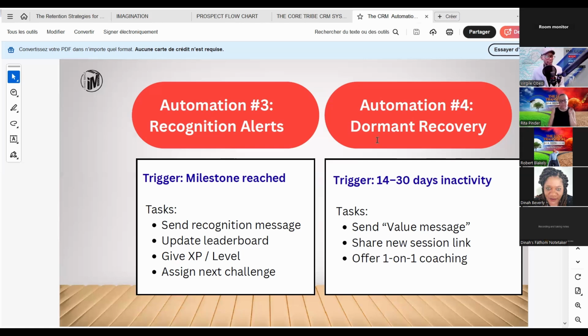The dormant automation as well can kick in after level 1. This guy was supposed to complete this program in a week. It's been 3 weeks. Either his computer is broken or he went dormant. I need to reach out, right? If you have a system, for example, like Robert is building, and we're looking at the frequency at which you're checking in to do work, and 30 days no login, well, what's happening?